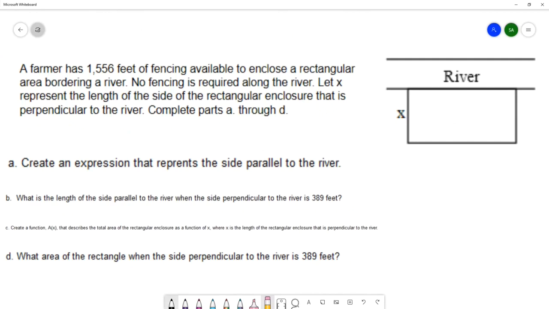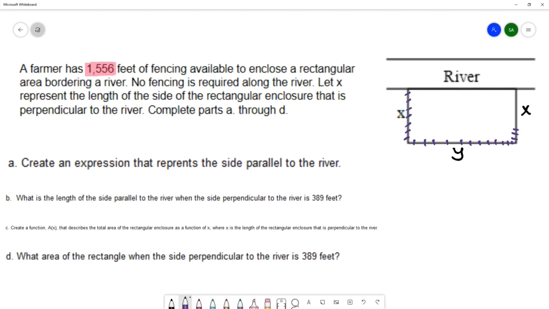So when we're trying to find this side, we can label the other side as X, and we want to find the length of this side here. I'll let this be Y. And if we go back to our problem, the farmer has 1,556 feet of fencing, and we know that he or she is using the fencing along these three sides.